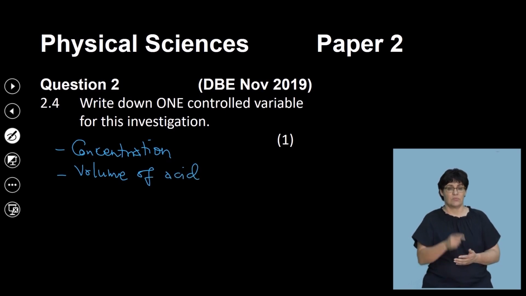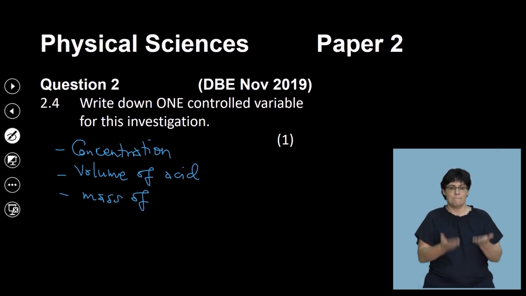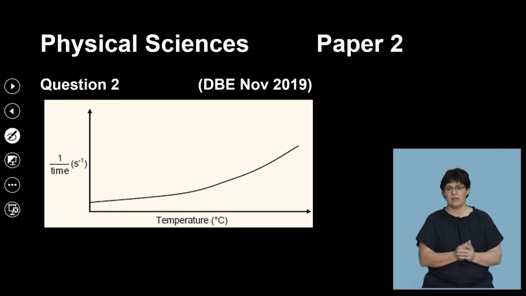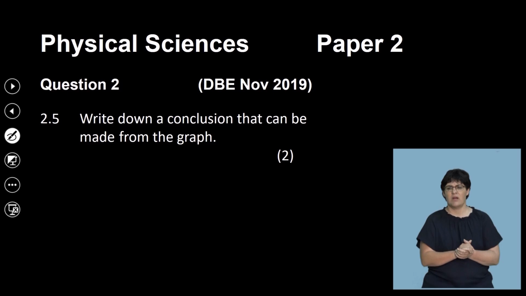We can also talk about the mass of the tablet, but this question only requested that we identify one. So these are some of the concepts that obviously come to mind. Just in conclusion, in this segment, the other question says write down the conclusion that can be drawn from the graph.